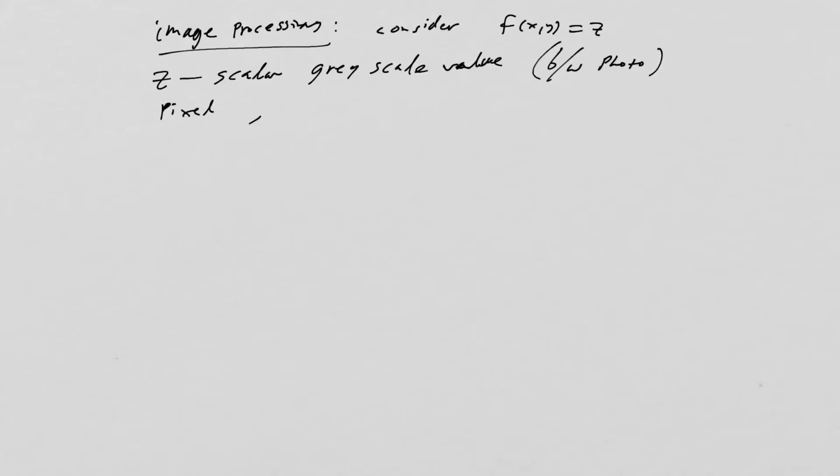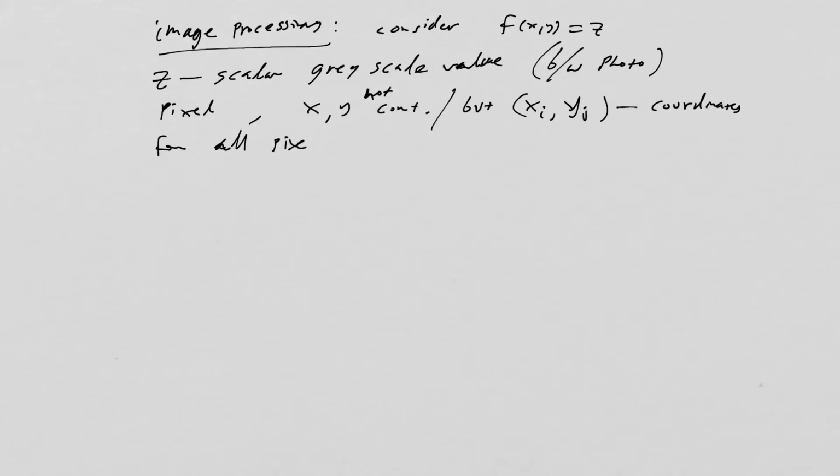All right, so in general then, what we're talking about actually is x and y are not continuous variables. They're not continuous variables, but actually we're going to have an xi and a yj are going to be coordinates for all the pixels. Then we'll call it z i j.